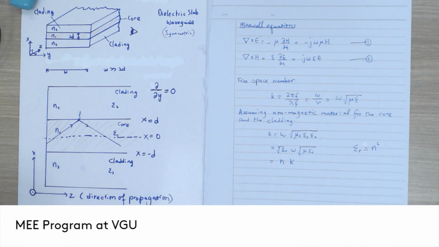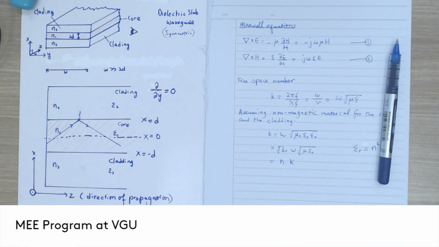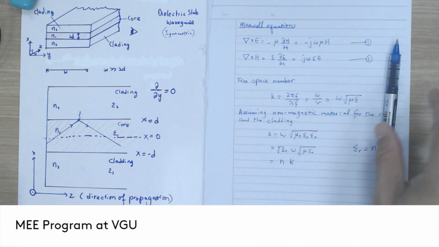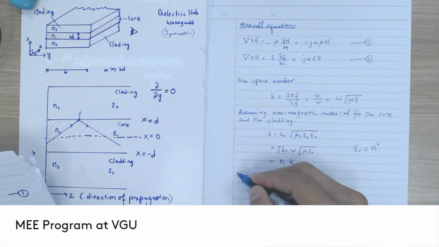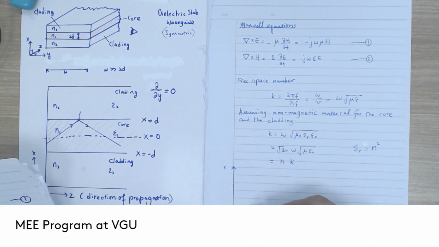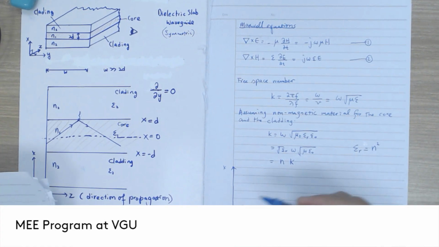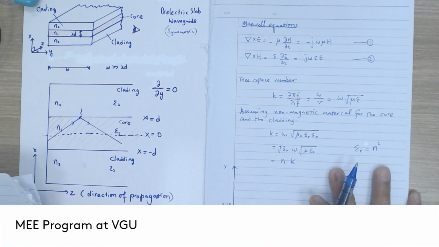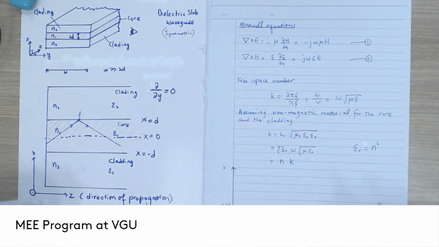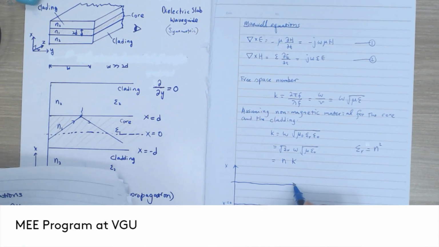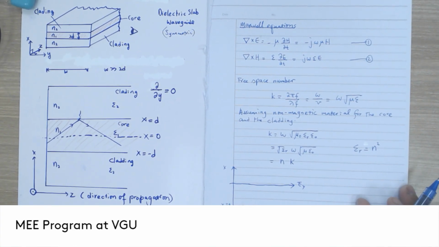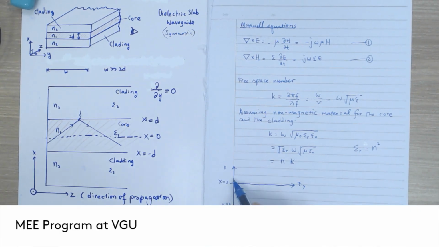In the dielectric waveguide, if you plot the electric field, Ex, Ey, suppose here is x equal to 0, and here is x equal to d, and x equal to minus d.